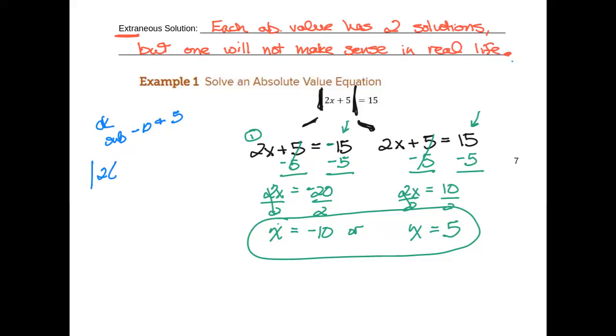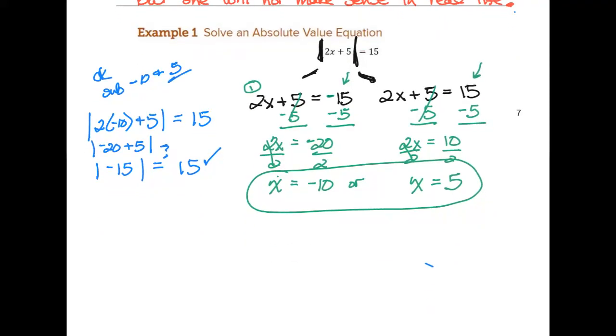So I'm going to say 2 times negative 10 plus 5, that should be equal to 15. 2 times negative 10 is negative 20. And negative 20 plus 5 is negative 15. Is negative 15 15 units away from 0? Yeah.